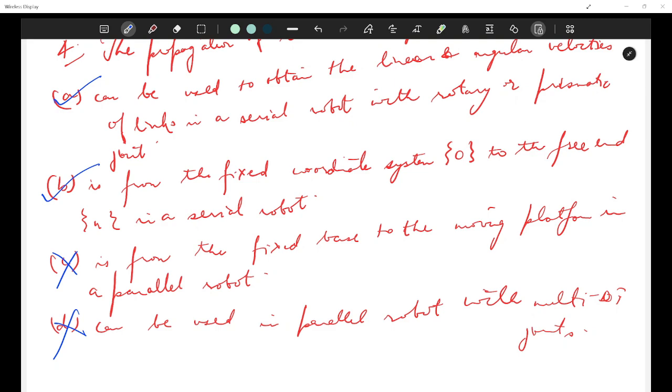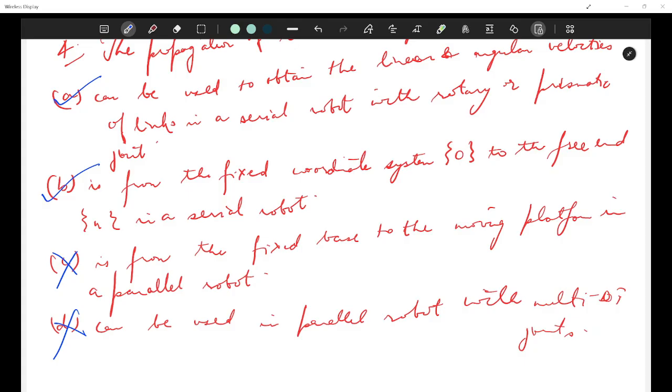Parallel robots violate these conditions, and they also require the constraint equation k theta dot plus k star phi dot equal to 0. It is a completely different framework. So it moves from base to end, but saying it must work for parallel robots is wrong, and the closed loops in parallel robots actually break propagation.